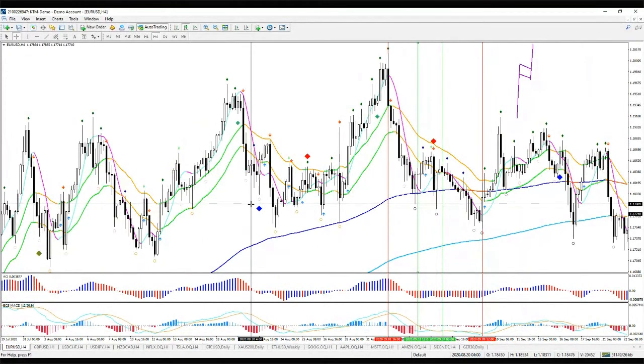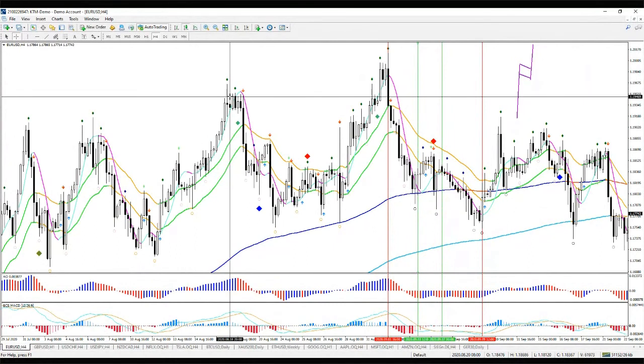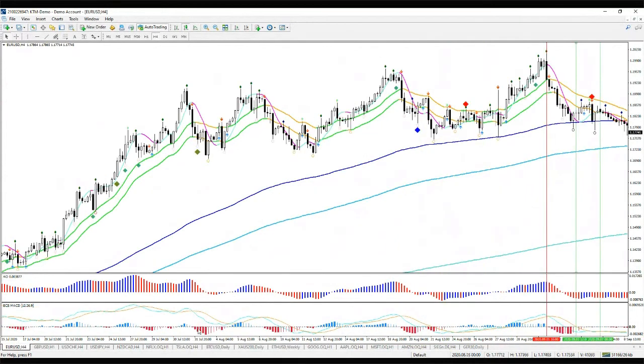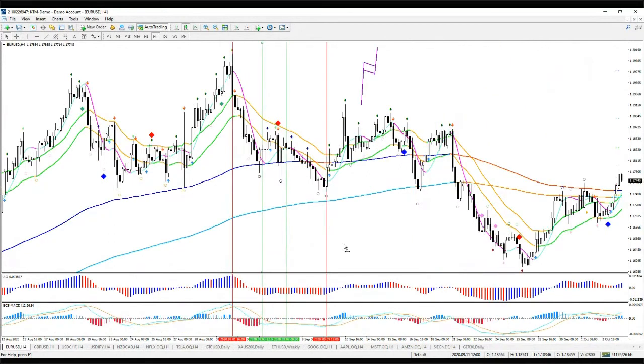So the oscillator staying on one side of the middle line indicates one price swing. And we can use the MACD for the same approach, using the two-line MACD for finding those price swings. Okay, so this here was one price swing.